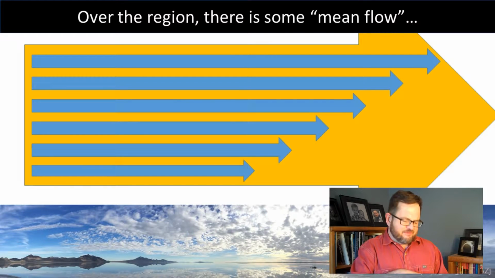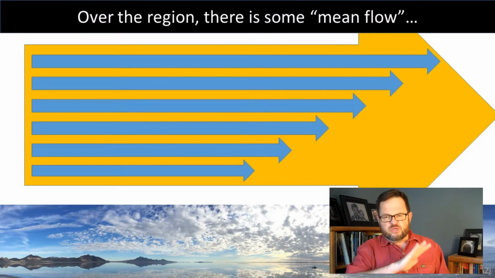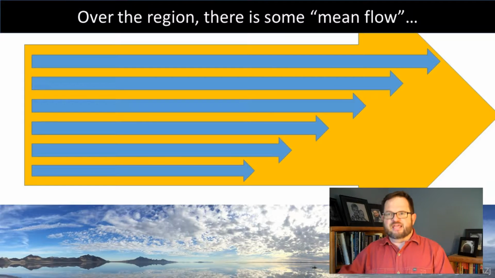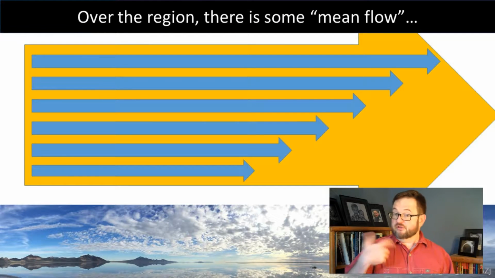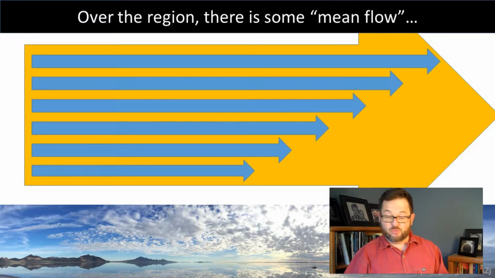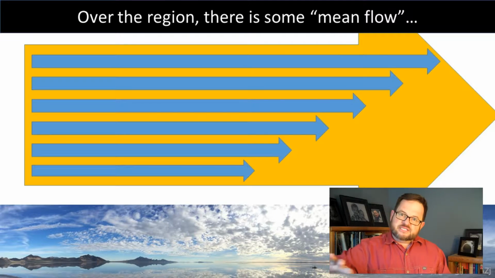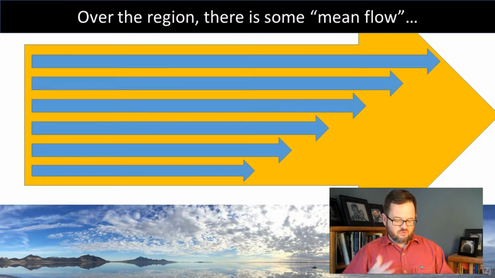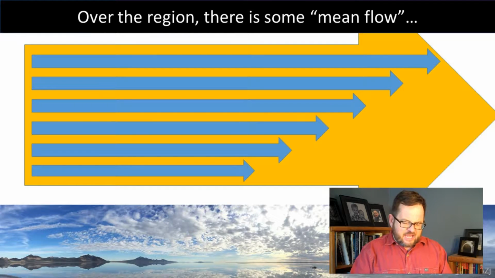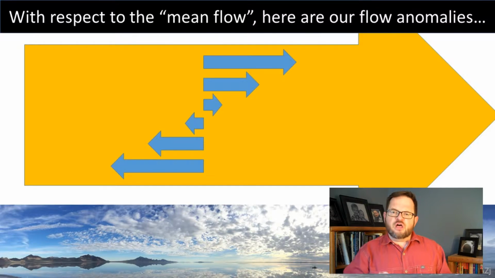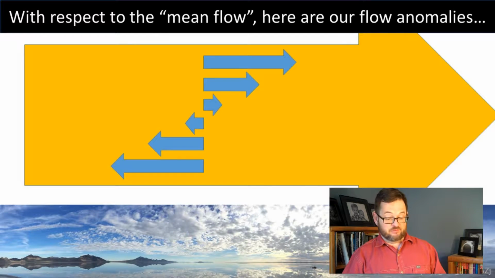But in this case, the way I have it drawn, all these wind vectors are going from the left side to the right side of the diagram, so there is sort of a mean flow. Some places the flow is a little faster than this, some places a little weaker, but overall there is a mean or average flow, which I'm going to illustrate with an orange arrow. That means the actual flow at each of those locations could be drawn as how it's different from the mean flow.